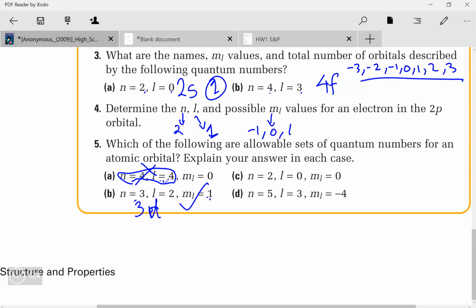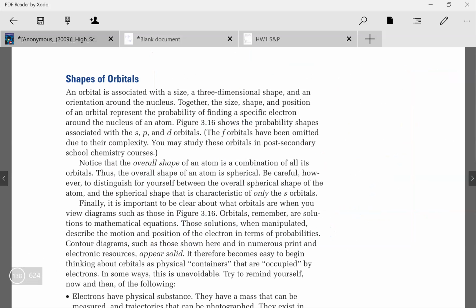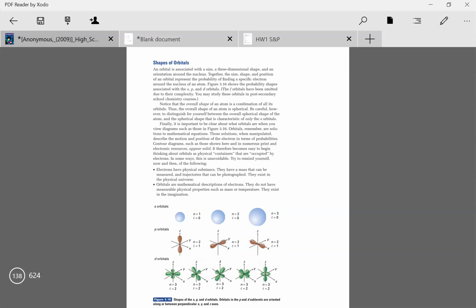Part B is fine. 2, 0, so this is a 2s, and ml is 0, that's okay. 5, f, but -4 is not allowed, because ml ranges from -3, -2, -1, so that's not allowed. So that was fairly easy kinds of questions. Standard, there'll be easy marks, multiple choice, hopefully.